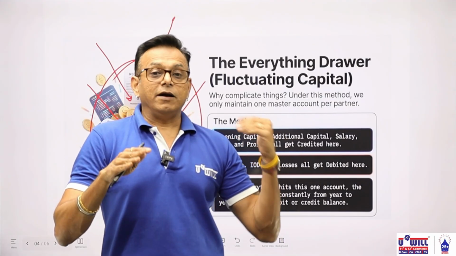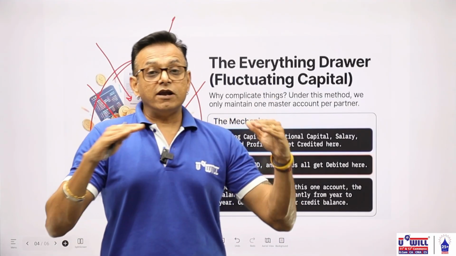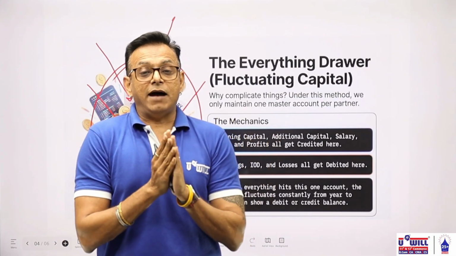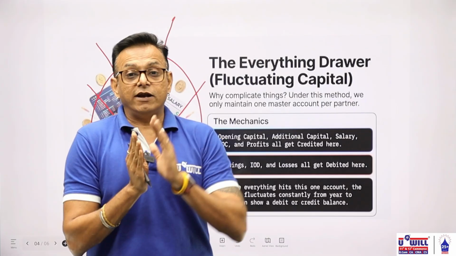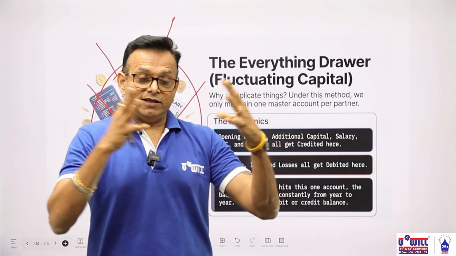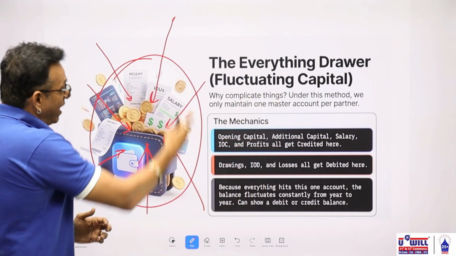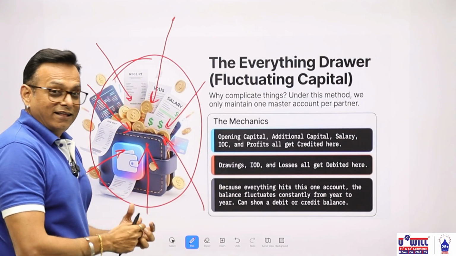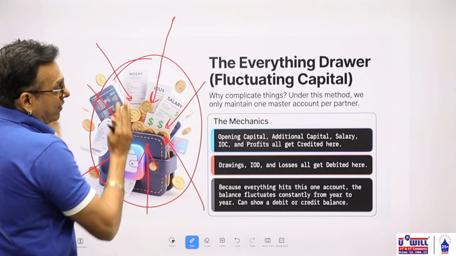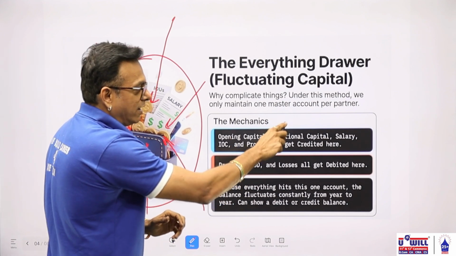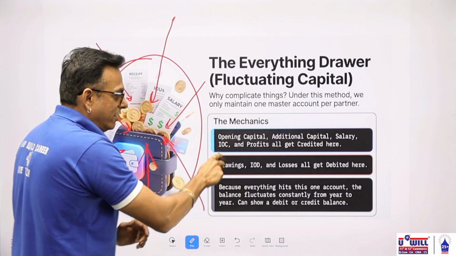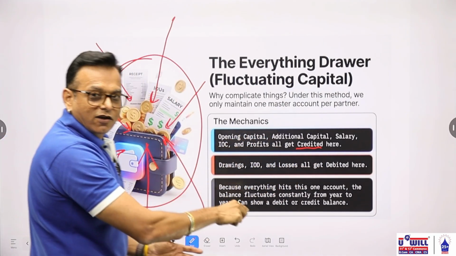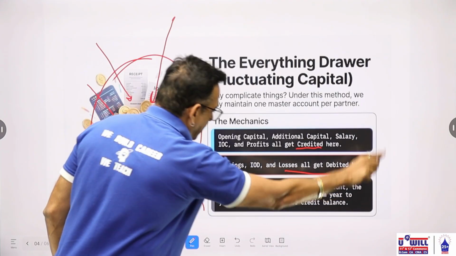Okay, we'll see the sum. I'll explain this again: how much original amount the partners brought, we now cannot tell, because that balance, the original amount invested, is not separately recorded; everything has come together. So how would we identify how much amount was initially brought and how much amount is generated in the business? So in fluctuating capital, opening capital, additional capital, salary, interest on capital, profits all get credited; drawings, interest on drawings, losses all get debited.